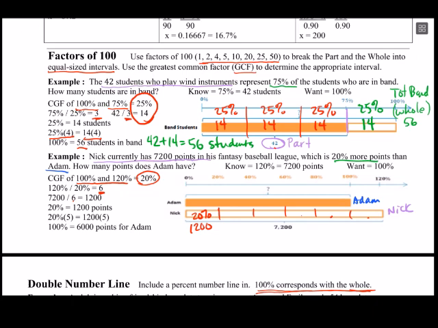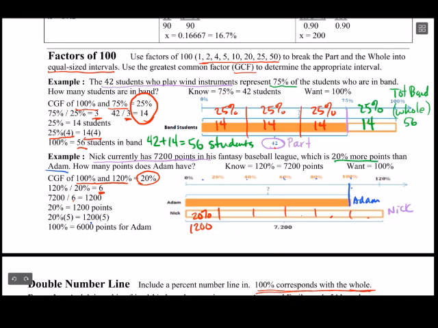So I can look at Adam, and Adam is 100%. How many 20% are in 100? 1, 2, 3, 4, 5 of them. I take my 20% times 5. Each one is 1,200 points times 5 gives me 6,000 points.